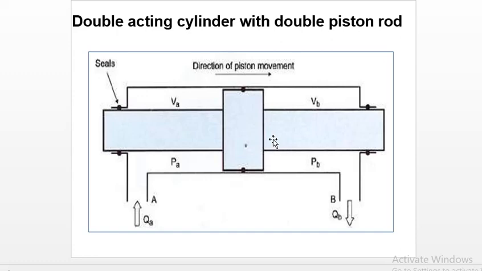Ideally we are considering that the pressure on both sides of the piston is the same, so that's why we can say the area is the same. From the continuity equation, Q is equal to area into velocity. As the area is the same, the velocity is also the same, and the Q required to move this particular actuator from one place to another to generate the push or pull function is also the same.